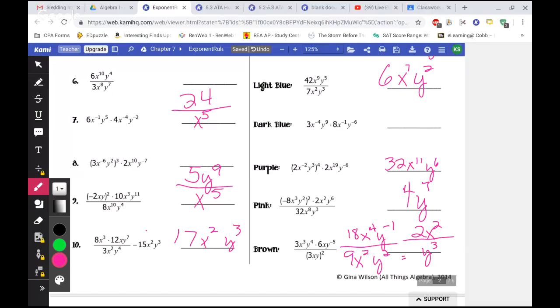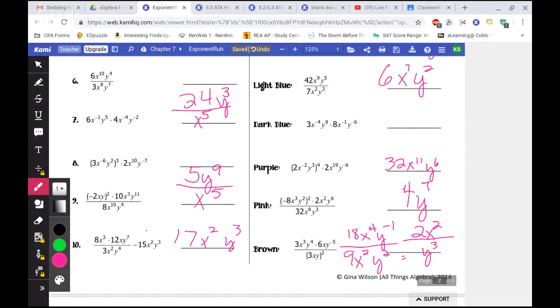And then you've got 5 plus a -2. So that's a +3. The end result is positive, so it goes in the numerator. So you would color number 7 dark blue? Yes, ma'am, that's exactly what that means.